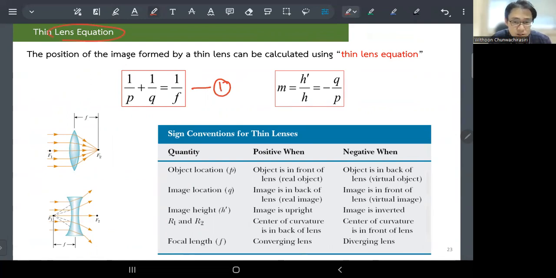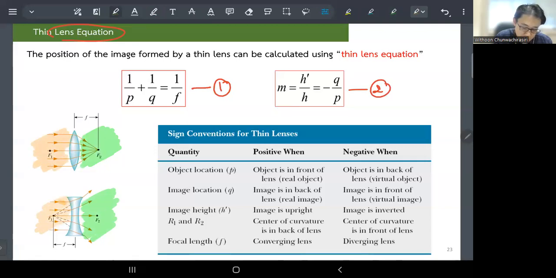That's fine. Use the same. And this one is the magnification equation. This is also fine. The sign convention will be exactly the same, except you just have to make sure that whatever is going to be real is going to be behind the lens. This is real. Whatever image happens in front of the lens is going to be virtual. Positive signs on the right, negative signs on the left for the images.